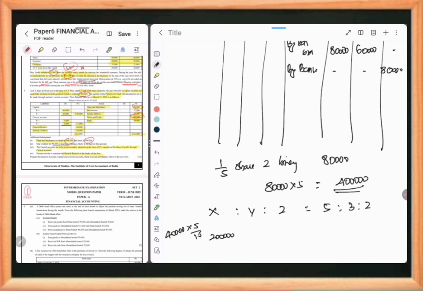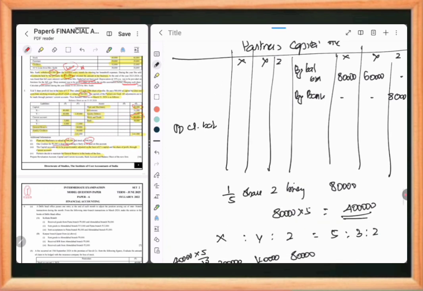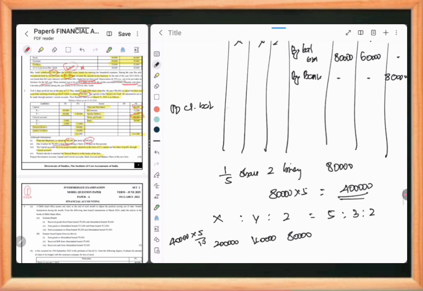Y's capital is 4 lakhs divided by 10 into 3, so 1,20,000. For Z it should be 80,000. So the closing capital balances are 2 lakhs, 1,20,000 and 80,000.